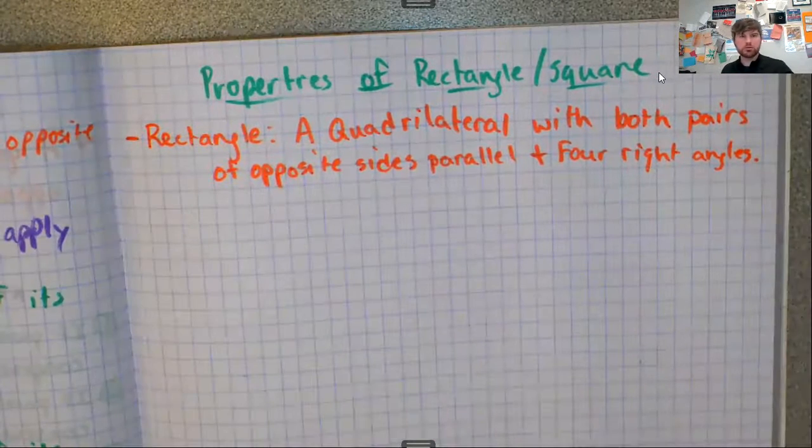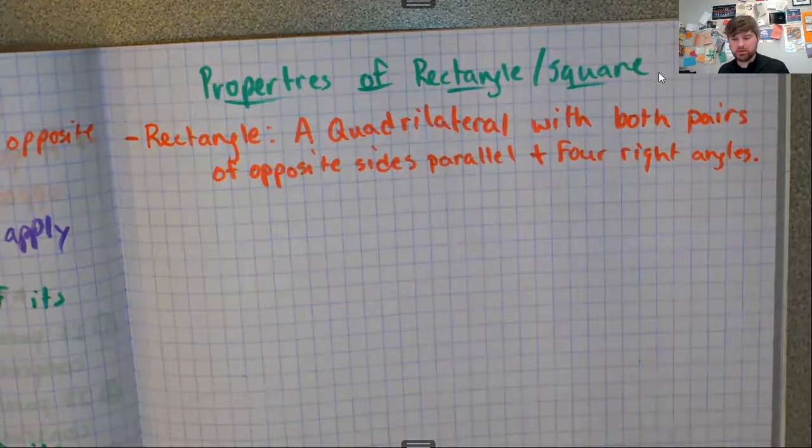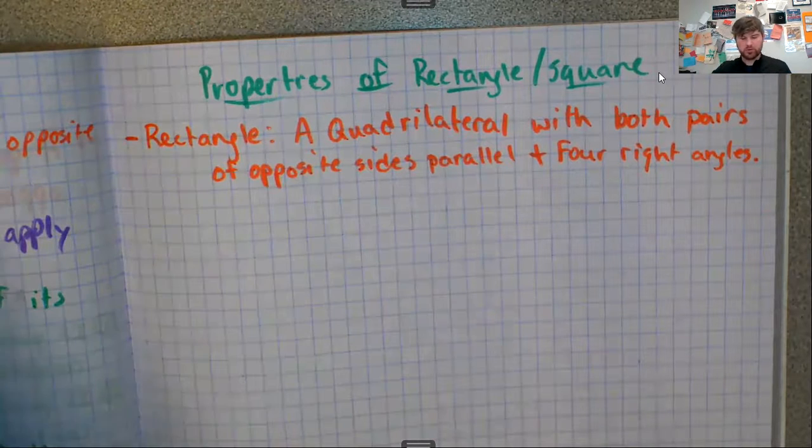Okay, so really a rectangle is a parallelogram with 4 right angles.